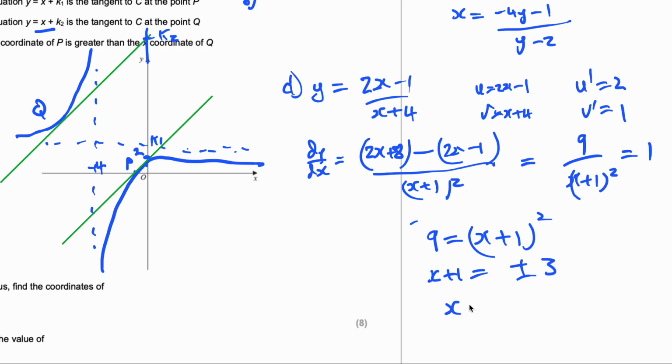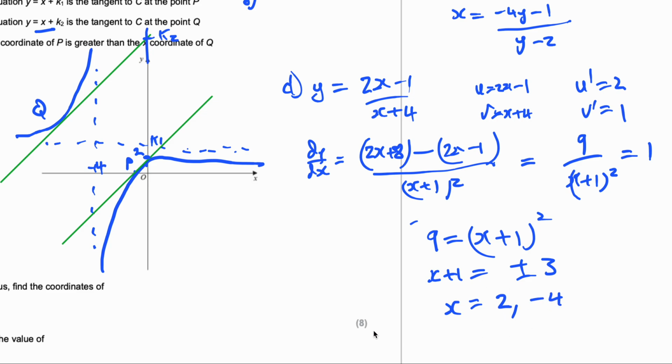So therefore x is the value of x where the gradient is 1. Yeah, so the value of x is, so it's minus 4 plus 3, so that's going to be minus 1. Minus 4 minus 3 is minus 7.